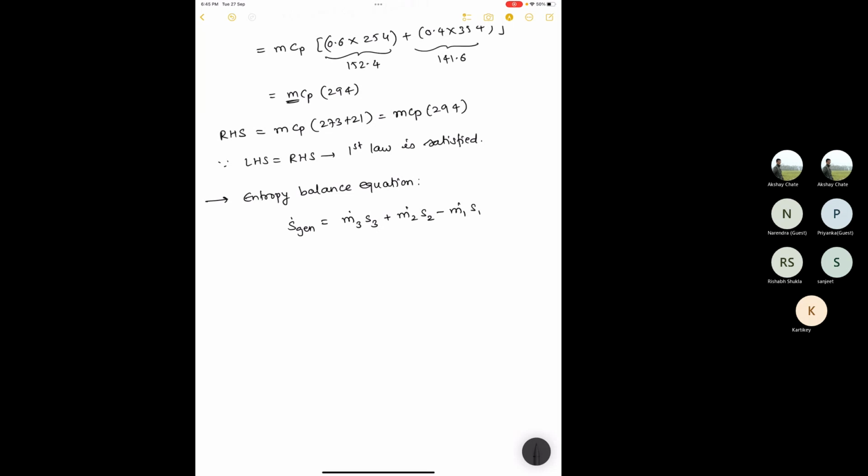Now m dot 1 is equal to m dot 2 plus m dot 3, since it is steady state. Then this equation becomes m dot 3 (S3 minus S1) plus m dot 2 (S2 minus S1). Since it's an ideal gas, you apply Cp ln T2 by T1 minus R ln P2 by P1, and similarly for the second bracket.